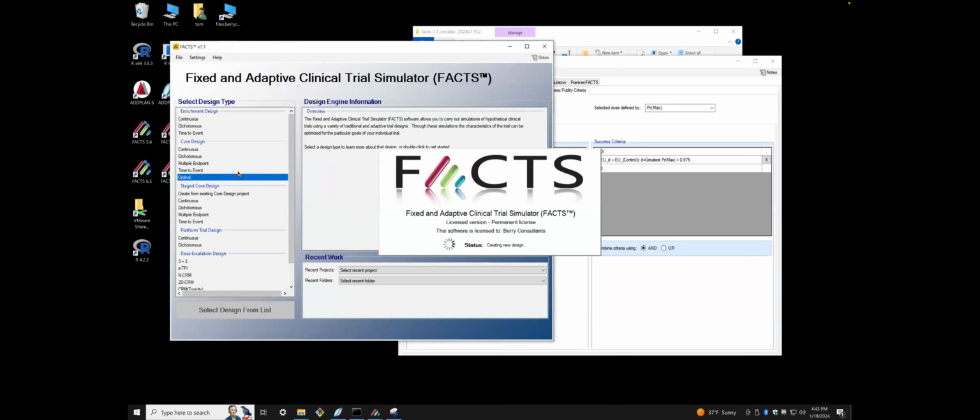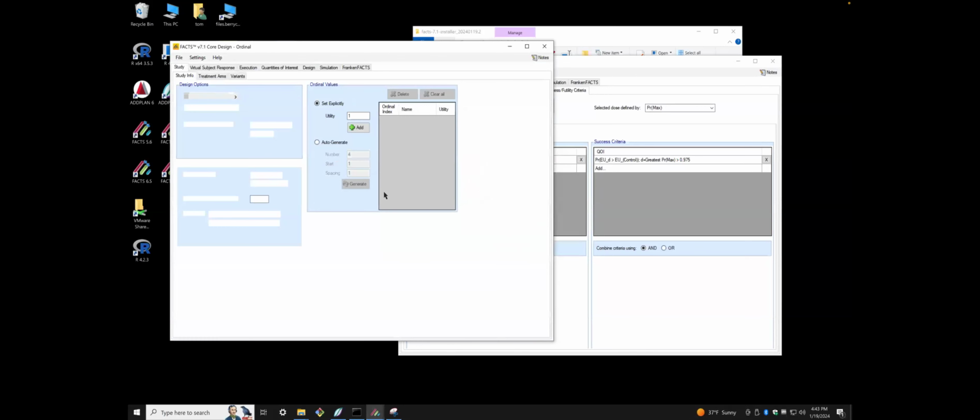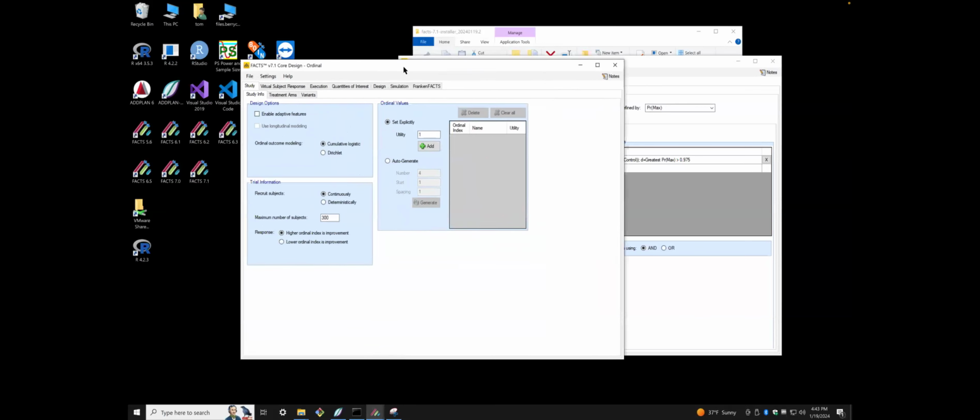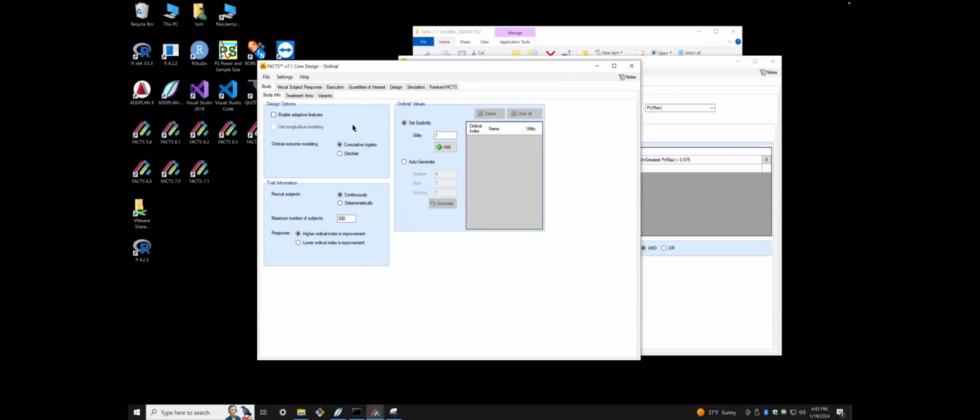So here we are starting FACS ordinal. You can see that initially the adaptive features are disabled. It's defaulted to cumulative logistic. The first two things we have to do are specify our maximum sample size and our categories of outcome. Maybe in this case we'll have the higher ones as better.